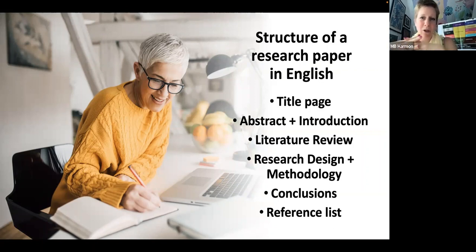So in most research papers in English, we do have a title page. We do have an abstract and an introduction. The abstract is always going to give a summary of what your research is about, what your paper is about.